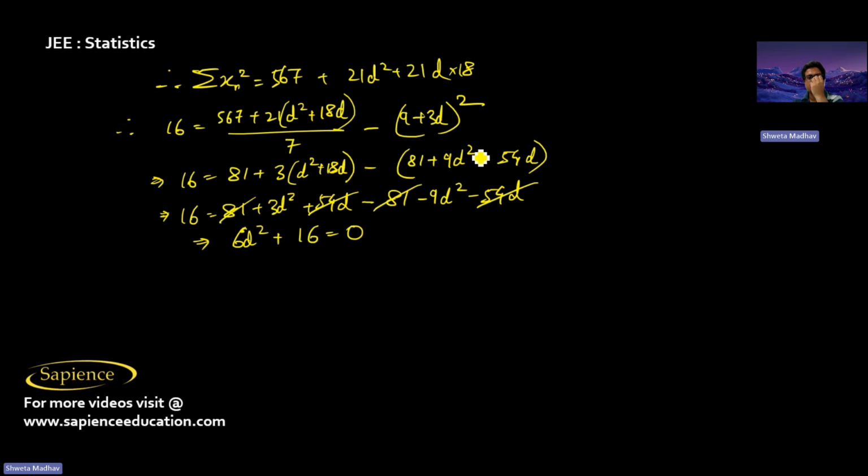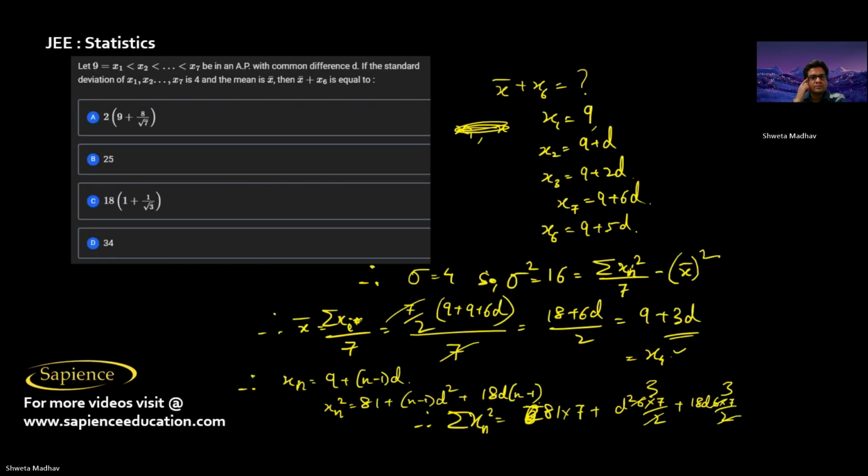For d, so 54d will get cancelled. D should be greater than 0.